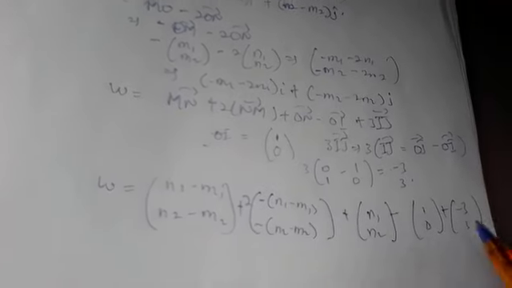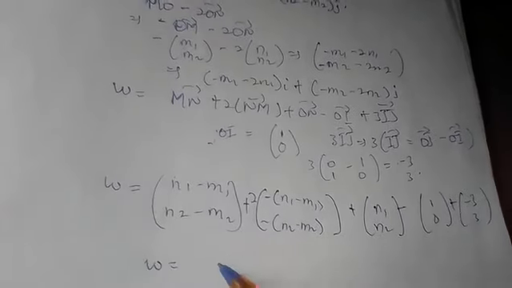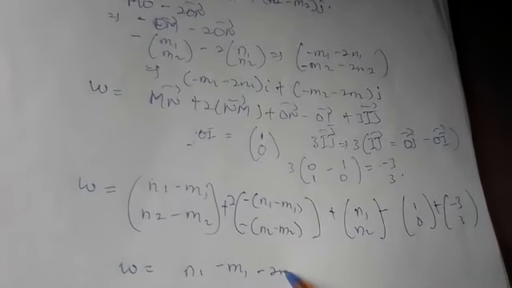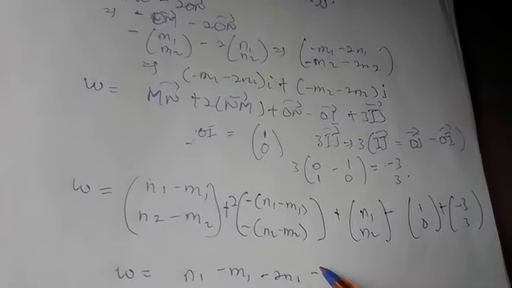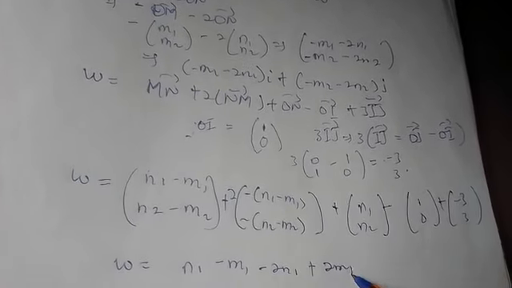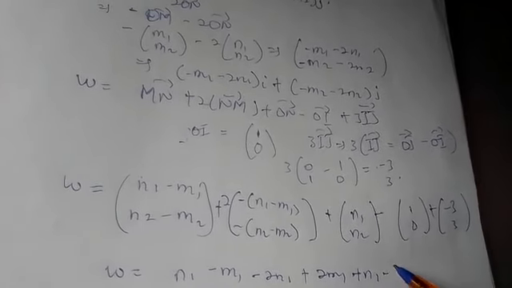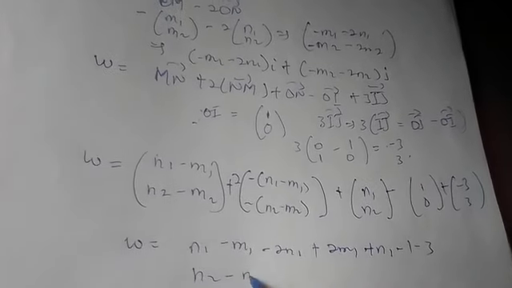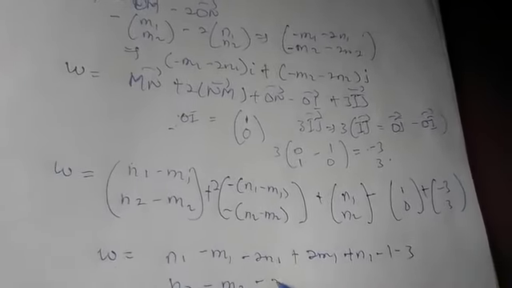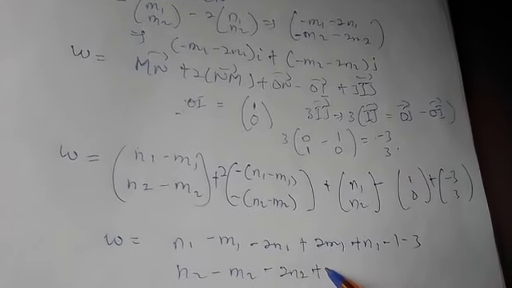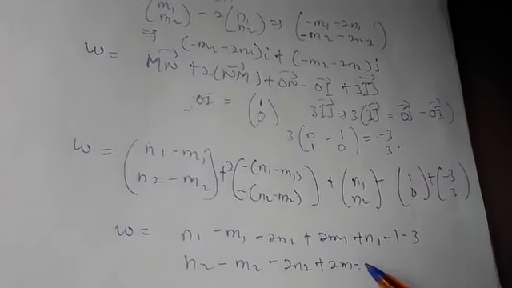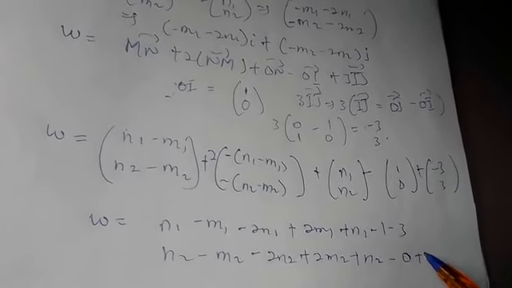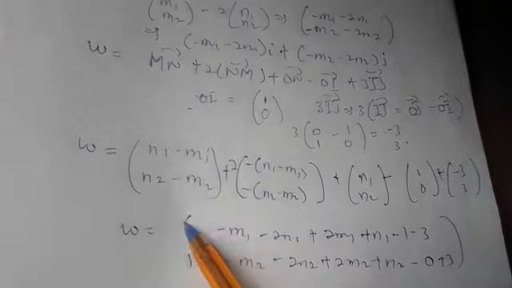I'm going to take the top one separately. So w equal to n1 minus m1 minus 2n1 plus 2m1 plus n1 minus 1 minus 3. Then the down will give me n2 minus m2 minus 2n2 plus 2m2 plus n2 minus 0 plus 3.